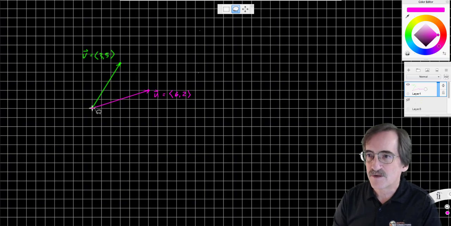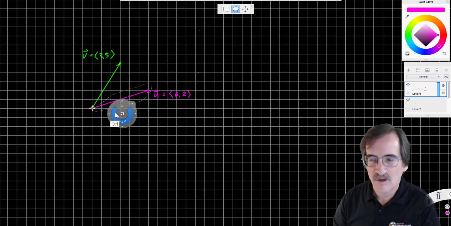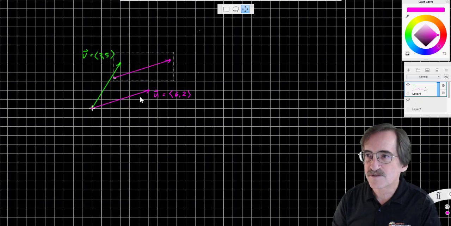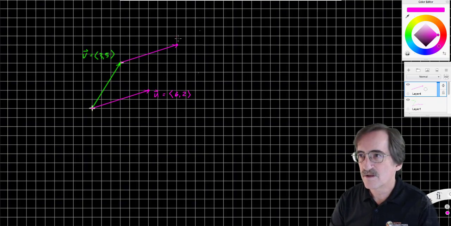So here we go. Let me demonstrate that here. So I'm going to take u, and we're going to stack it, put the tail on the head of vector v.